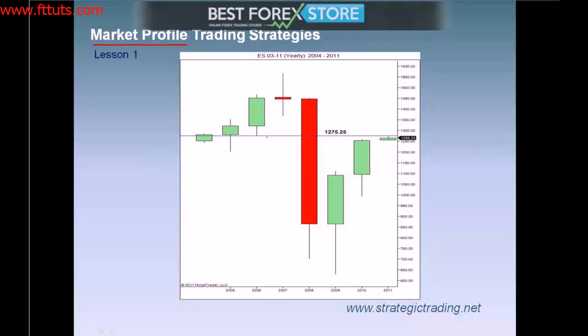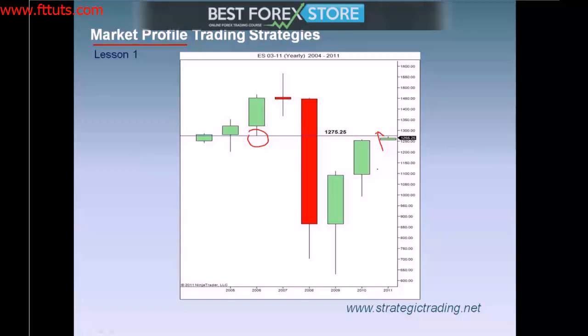This was the low for 2006. Now, the key question is, are we going to be able to go beyond this low? Are we going to be able to break through it and head back up even further? And at which point, if we do that, then we have to begin thinking about, well, where's our next power line?